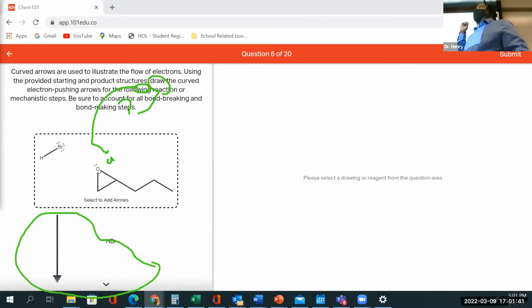Okay, we have an epoxide. What's going to happen? Acid conditions or basic conditions? We're adding arrows, right?